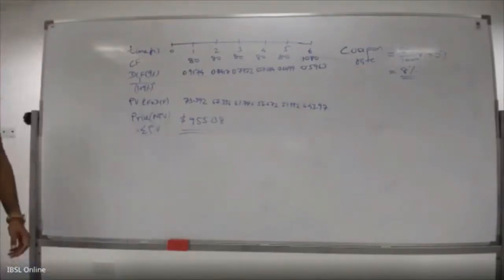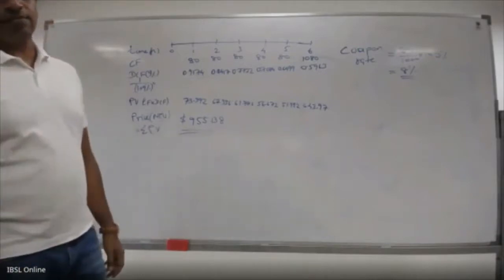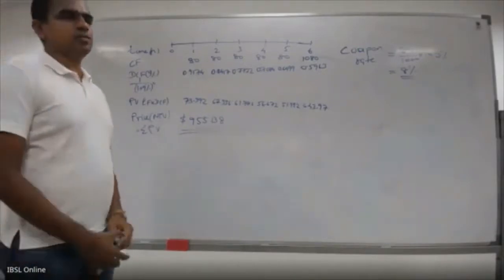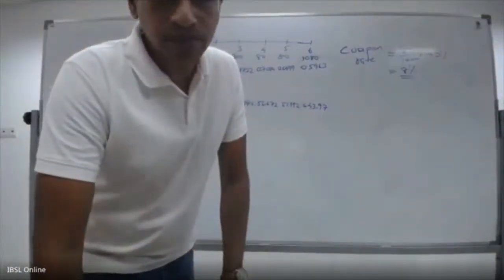This bond is trading at a price which is less than the face value. It's called at a discount. That is why earlier we said zero coupon bonds trade at a deep discount.